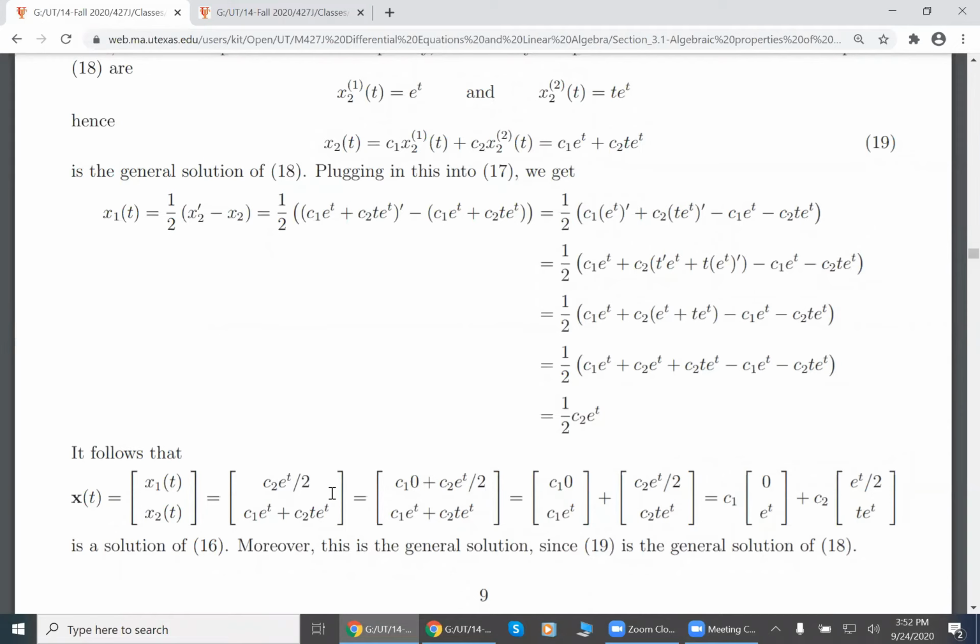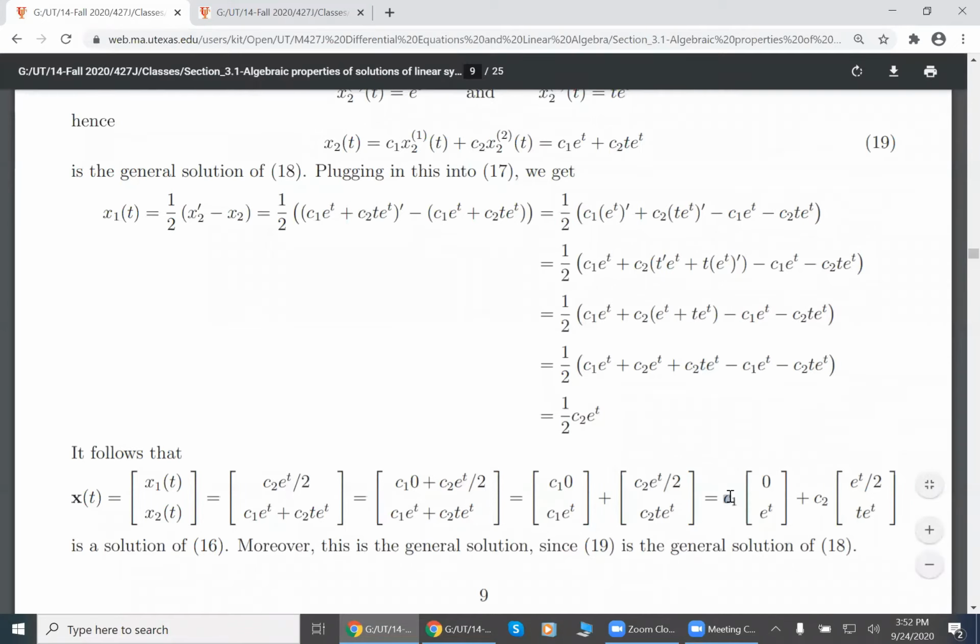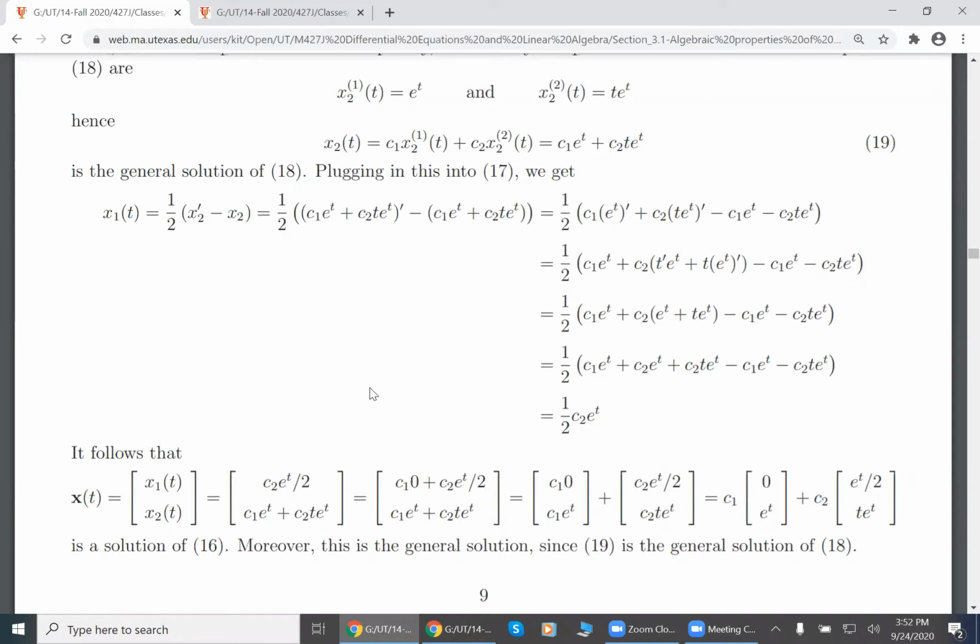But now, as before, let us rewrite it as a linear combination of two particular solutions. In order to do that, note that over here there is no C1, which means the coefficient in front of C1 is 0. So this can be rewritten as C1 times 0 plus this.